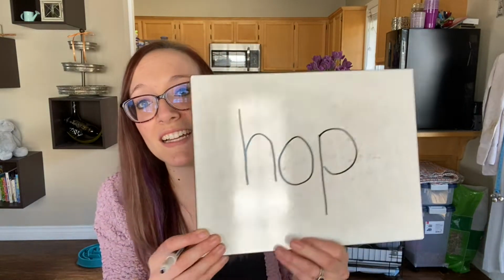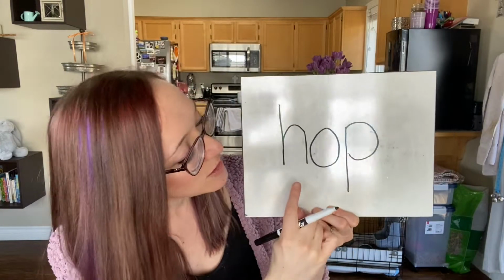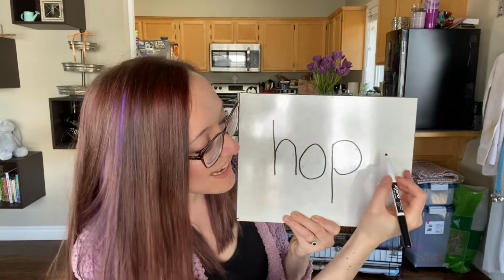Good job. And then the rest of you are working on our sneaky E. And remember that sneaky E comes on and he joins on to the end of a word and he makes that vowel say its long vowel sound instead of its short vowel sound. So we have the word hop, like Sparks likes to hop around the classroom.